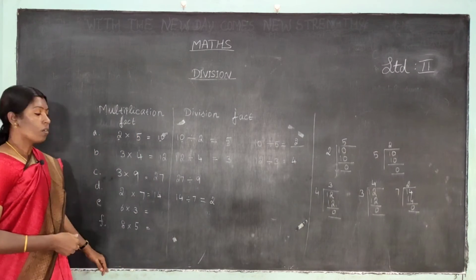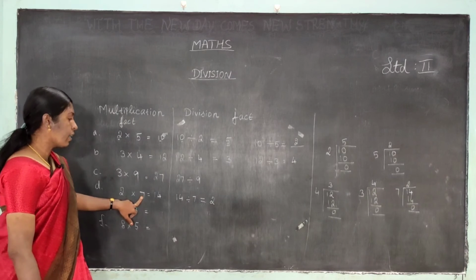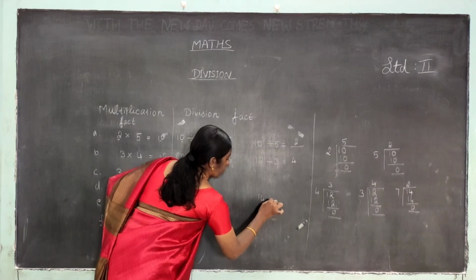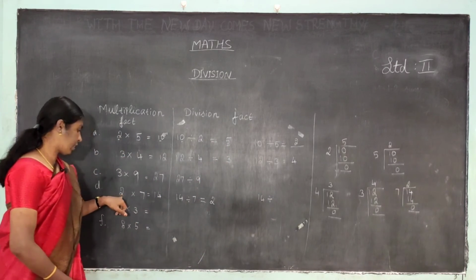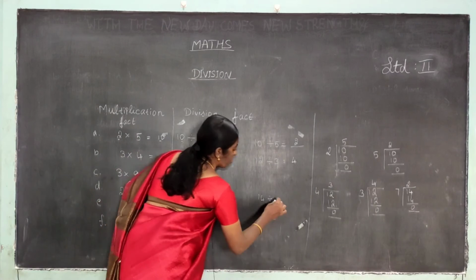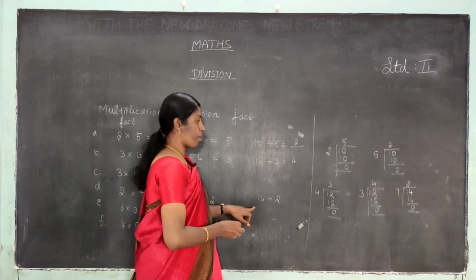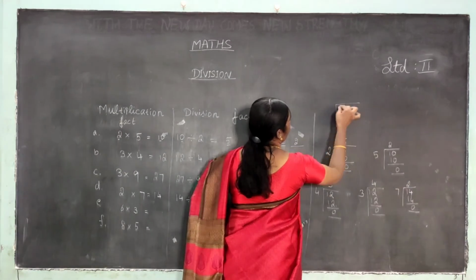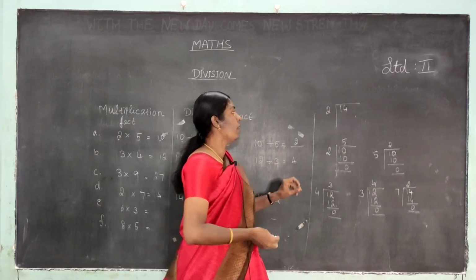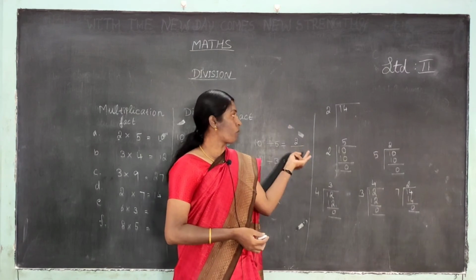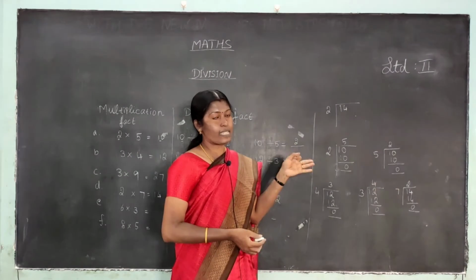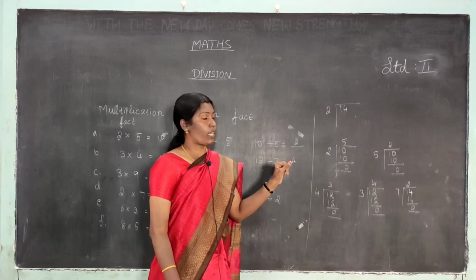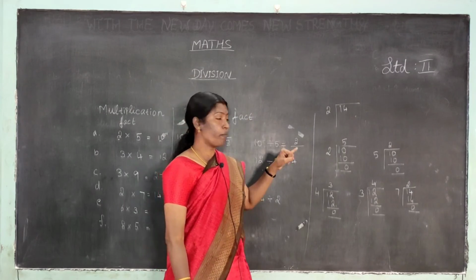2. Okay, next, again we are going to divide 14 by what? Here 2. So, divide 14 by 2. What is it? 14 divided by 2. Tell the 2 table. 2 1s are 2, 2 2s are 4, 2 3s are 6, 2 4s are 8, 2 5s are 10, 2 6s are 12, 2 7s are 14.